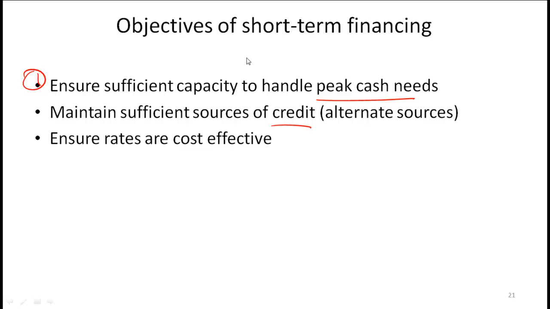Now another source of financing is typically bank financing, where you try to get short-term credit from a bank, and essentially you want to ensure that you have short-term arrangements in place so that any immediate needs that you have you can handle. And when you do this, you want to make sure that your sources of short-term financing are cost effective. That means that you aren't paying too much interest or too much transaction costs.